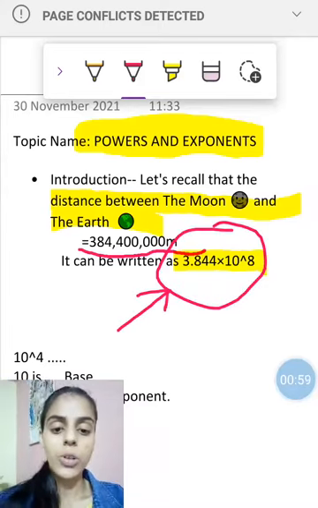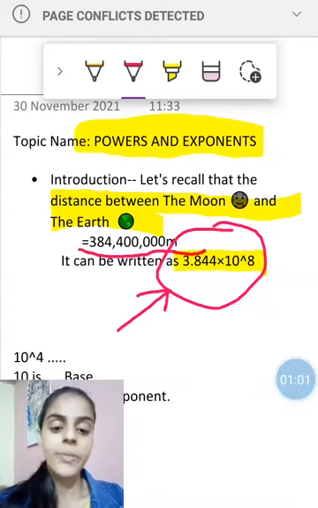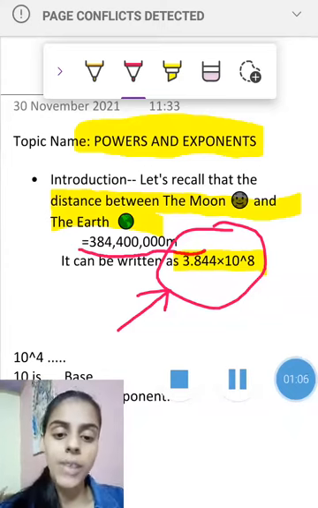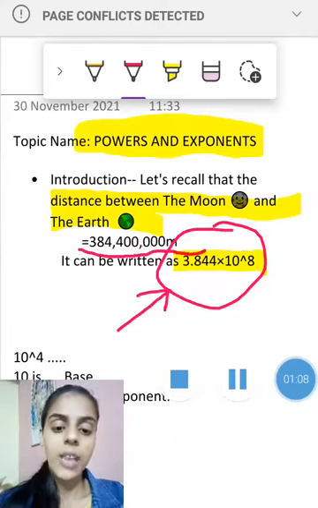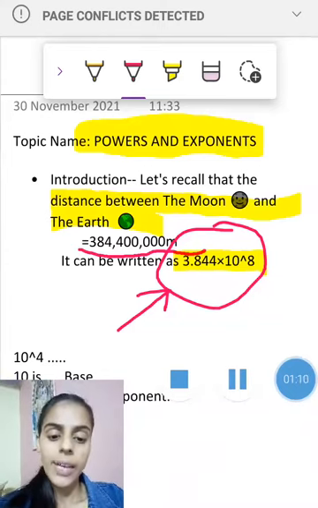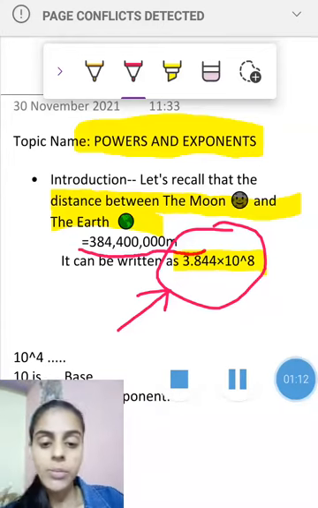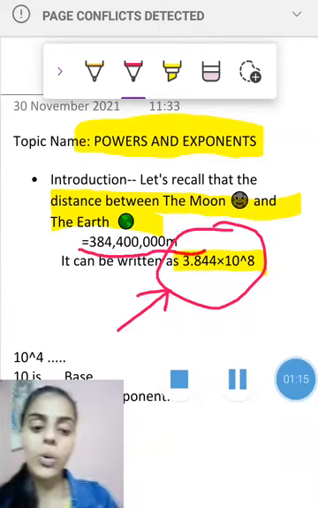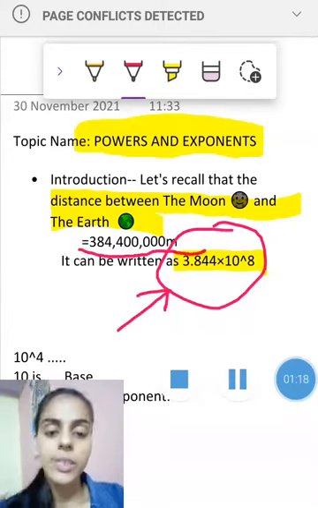It's just because we have used powers and exponents to convert it. So that's how we came to know that any larger number can be reduced or brought into a simpler form by using powers and exponents.